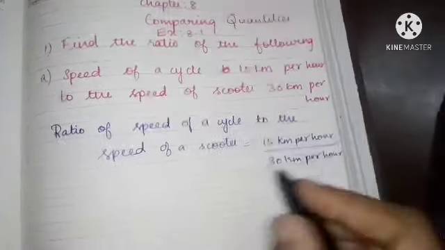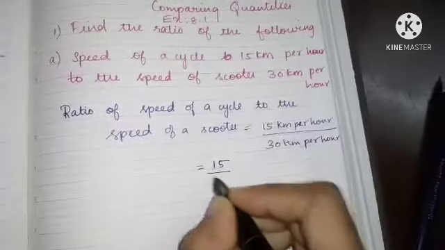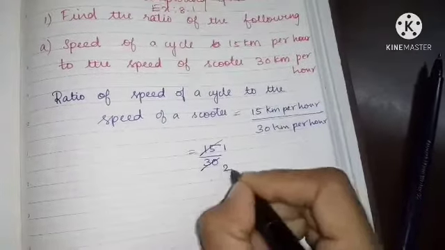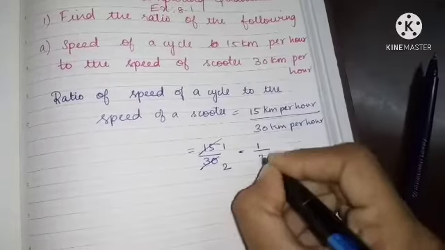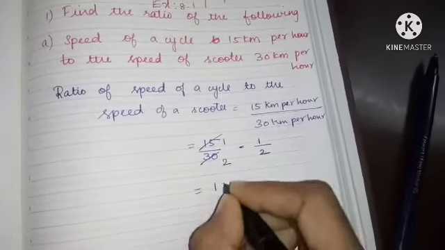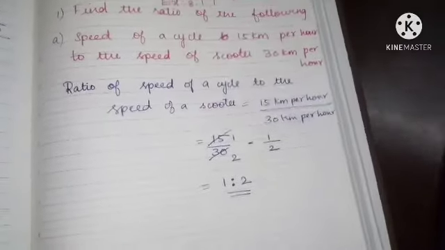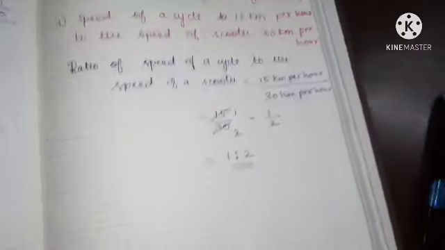Both are in the same units, so no problem. 15 by 30. Okay, 15 ones are 15, 15 twos are 30. So you are getting 1 by 2, which is nothing but 1:2. So the ratio we are getting is 1:2.